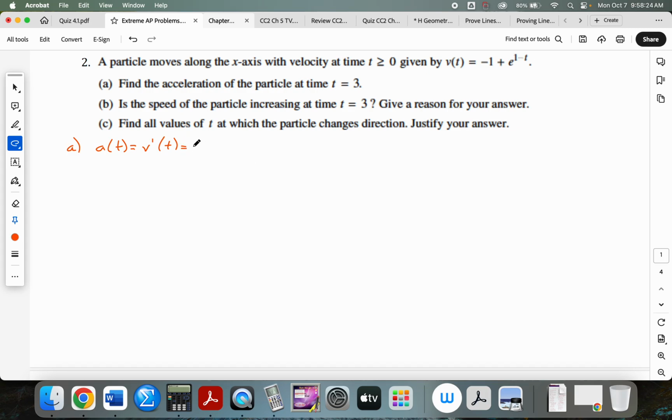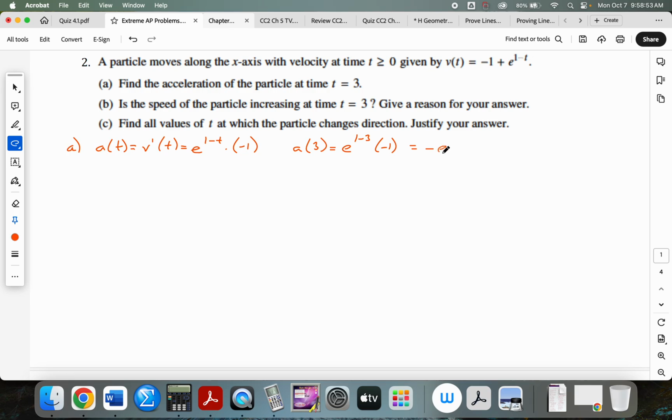So that's going to be e to the 1 minus t times the derivative of 1 minus t, which is negative 1. Notice they weave in that you have to do the chain rule to get this problem correctly. So a of 3 is going to be e to the 1 minus 3 times negative 1.